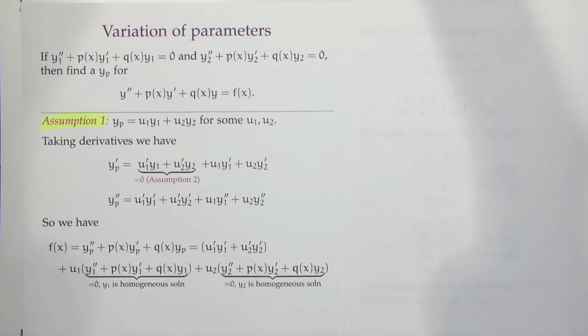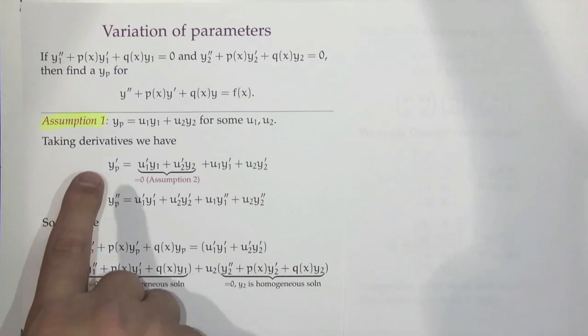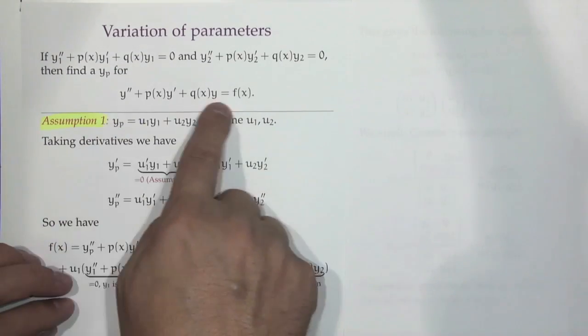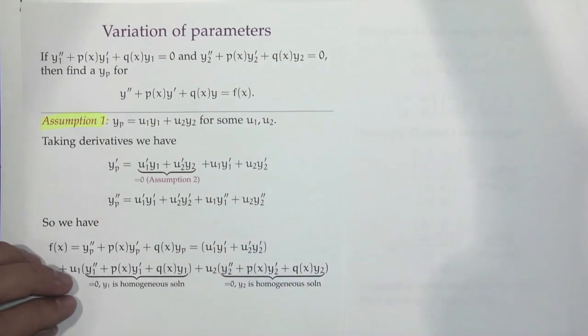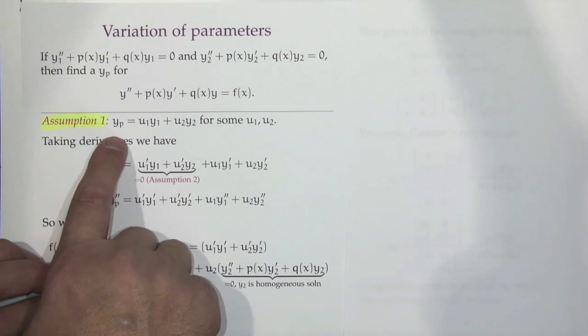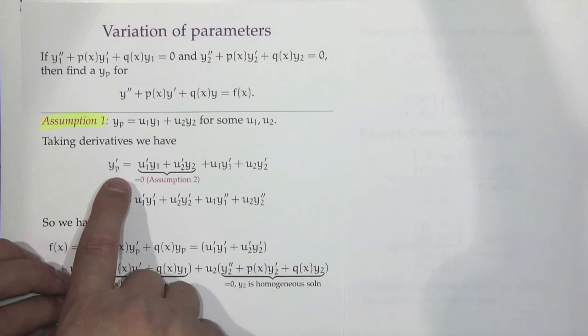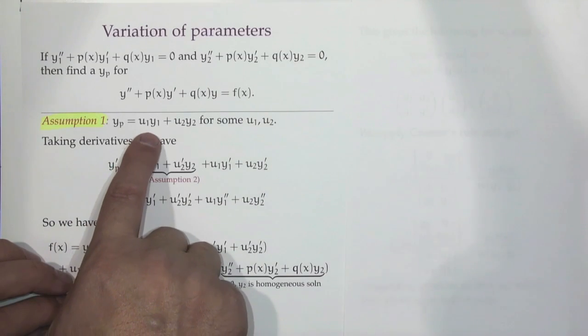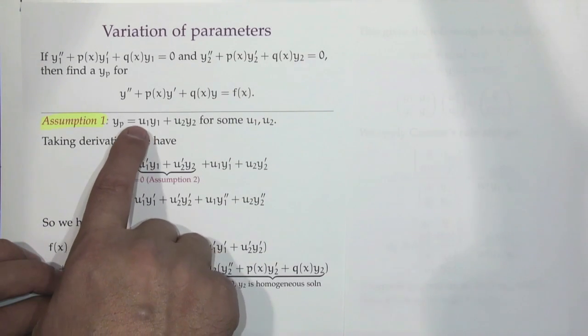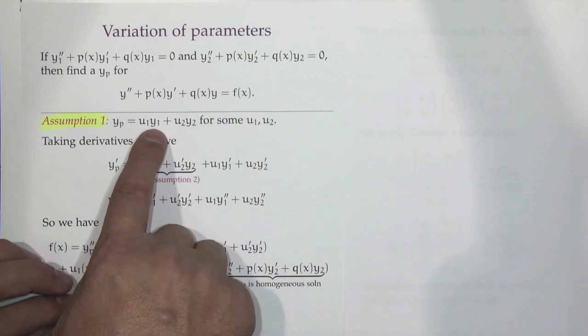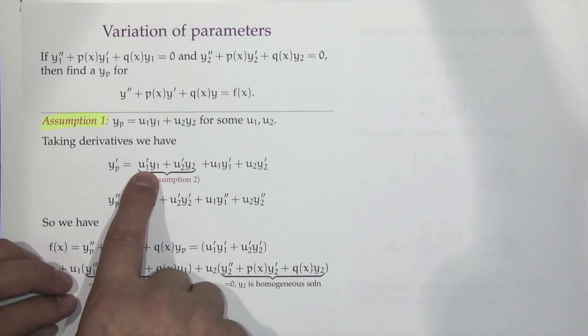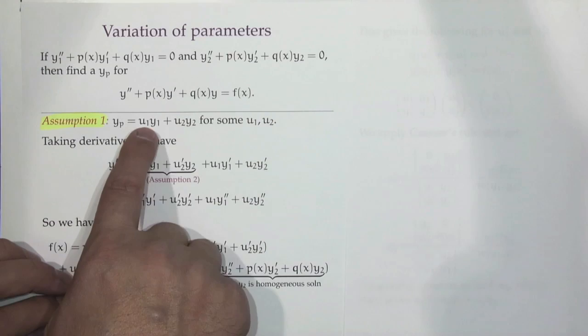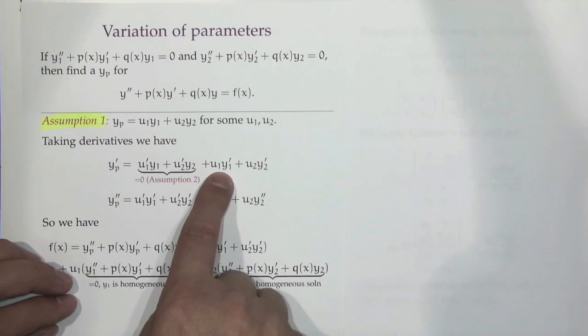Okay, so, well, since we're after a particular solution, we're going to have to plug it in to the differential equation, which means we need to take more derivatives. So, first thing we should do is take a derivative. When we take derivative, we're going to need product rule. So, we'd say u1 prime times y1, which is what we have here. u1 times y1 prime, which is what we have there.